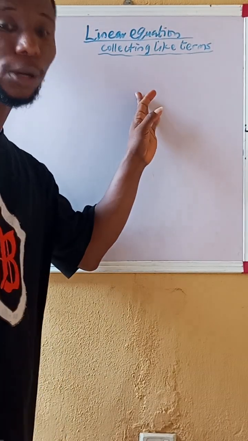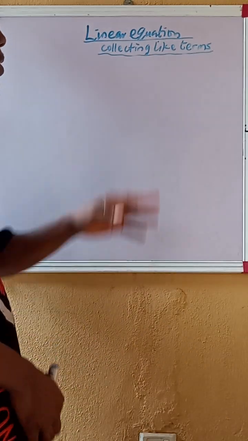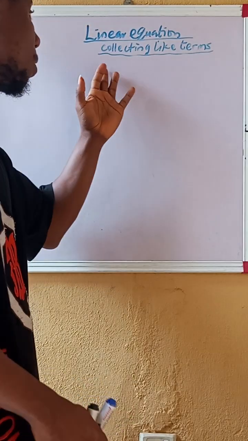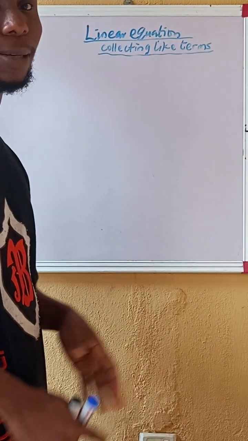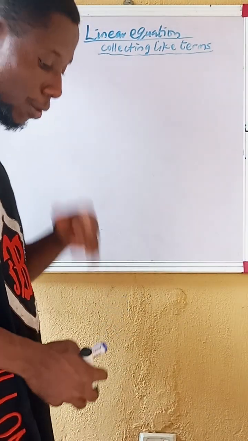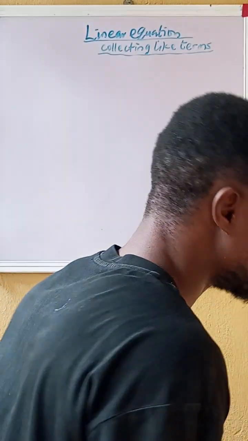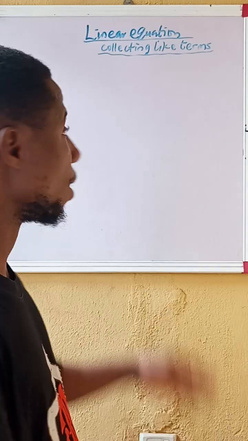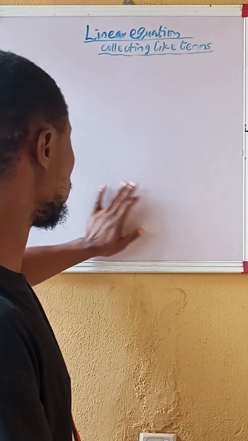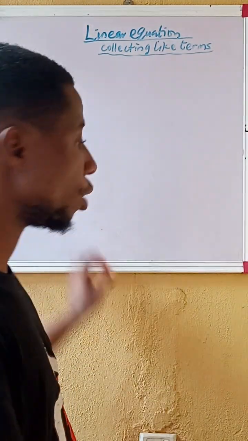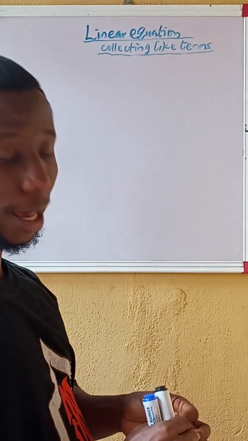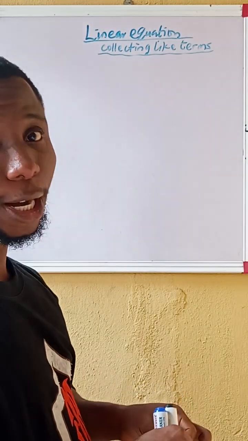In this video, I'm going to teach us how to solve linear equations like collecting of like terms. There are a lot of students, some of my pupils I used to teach, most of them don't know how to collect like terms when they are solving linear equations, all right? So I'm going to teach us. I'll just give us two examples.